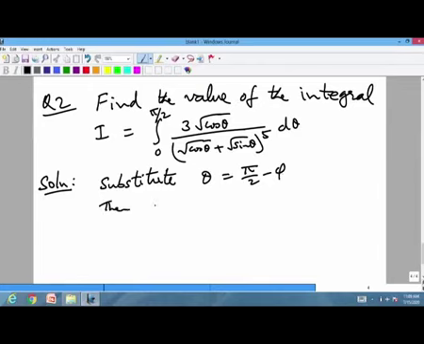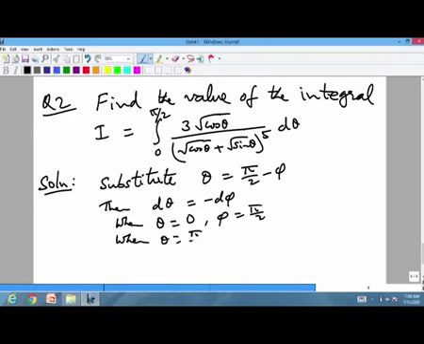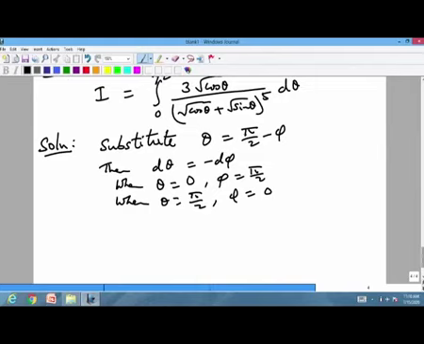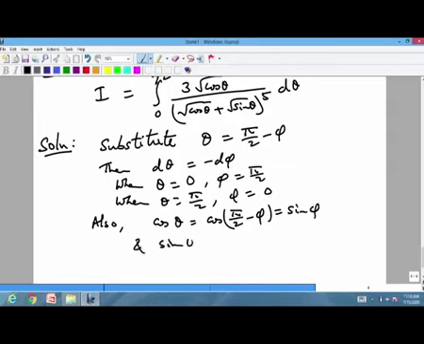Then d theta is equal to minus d phi, and when theta is equal to 0, phi is pi by 2, when theta is pi by 2, phi is equal to 0. Also, cos theta is equal to cos of pi by 2 minus phi, which is equal to sin phi, and sin theta is equal to cos phi.